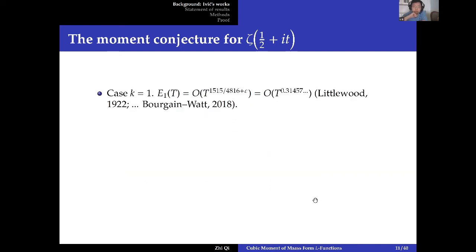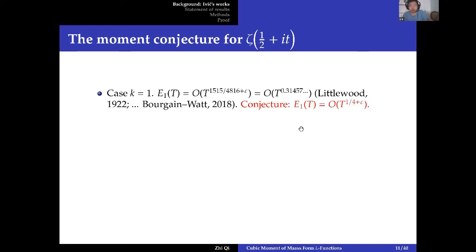And in the case k equal to 1, there's a long history, and currently the best error bound will be T to the 1/3 plus something.